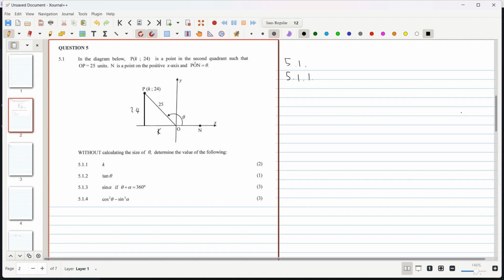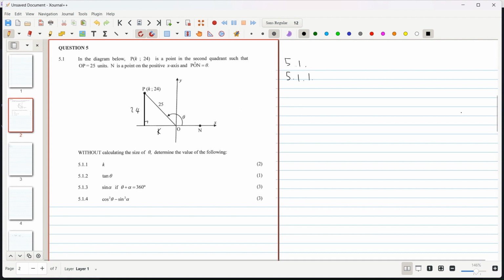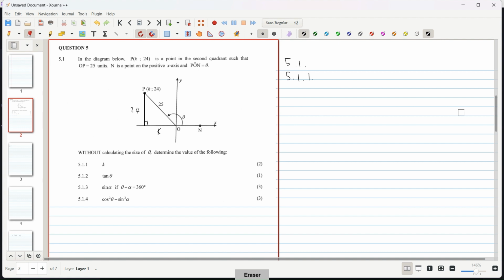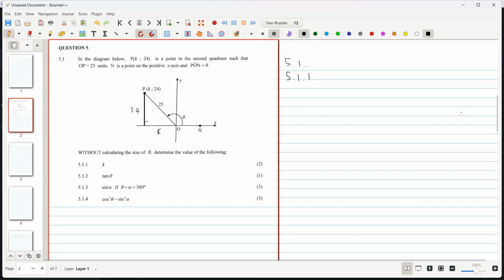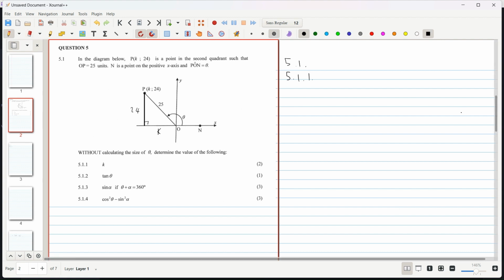Now we can determine our k value. How can we determine our k value? This is a right angle triangle. So we know we need to use the theorem of Pythagoras to find this x side, or the adjacent side.